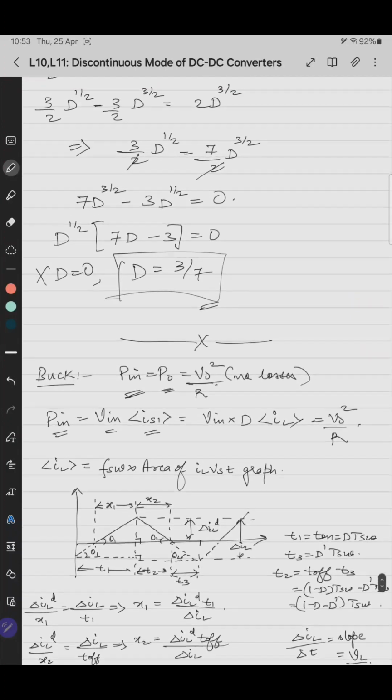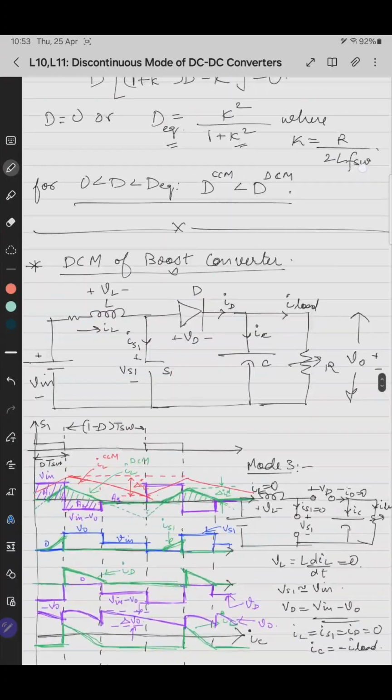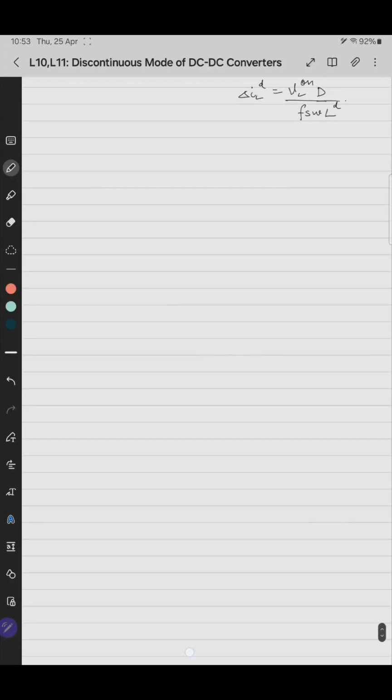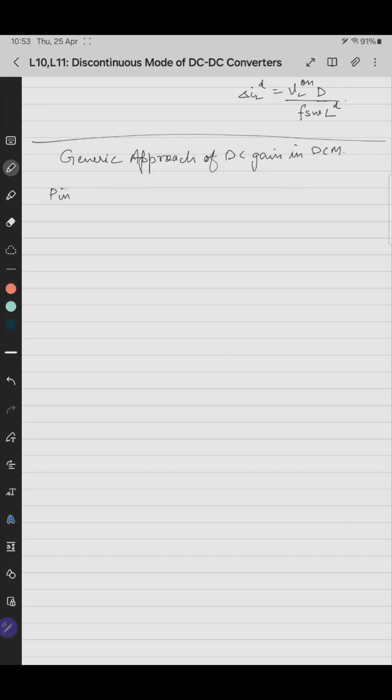And as per the waveform, let us say first we'll write a generic approach of DC gain in DCM. So first thing is P in equals P naught. P naught is V naught squared by R. And what is P in?